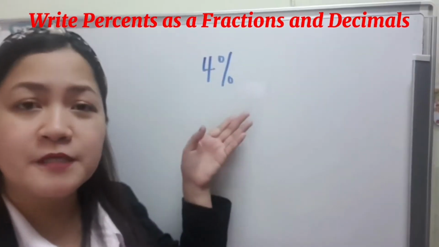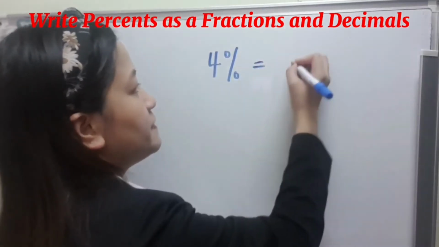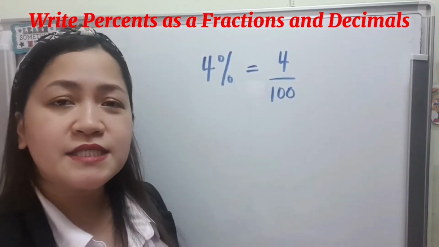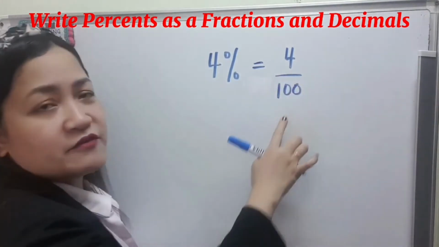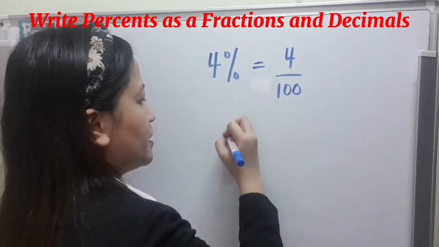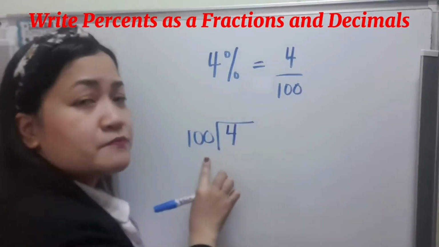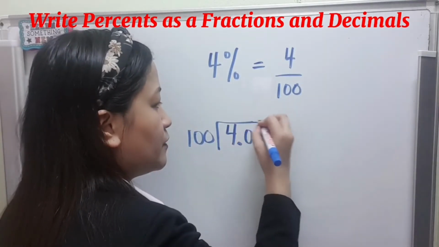How about 4%? First, write it as a fraction. So that will be 4 over 100. We can use division to change it to decimal. So numerator divided by the denominator. That will be 4 divided by 100. 4 is smaller than 100, so we are going to put 0.0.